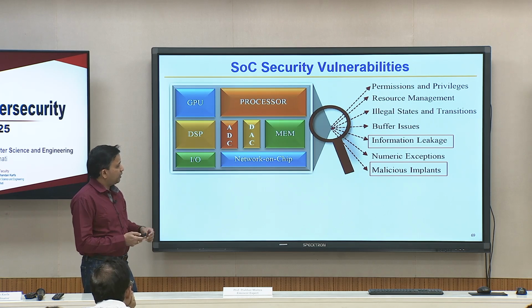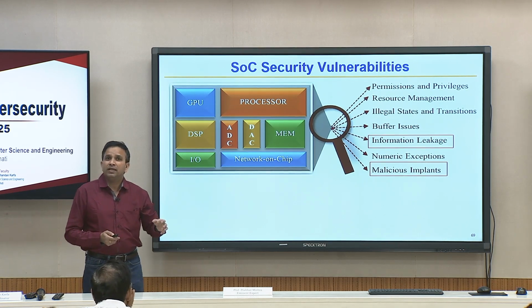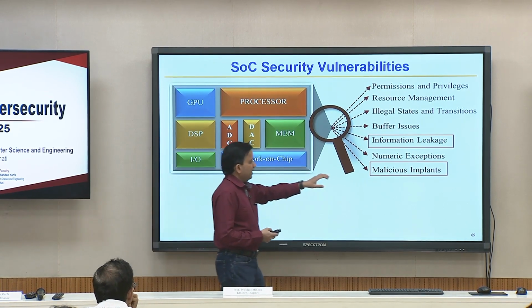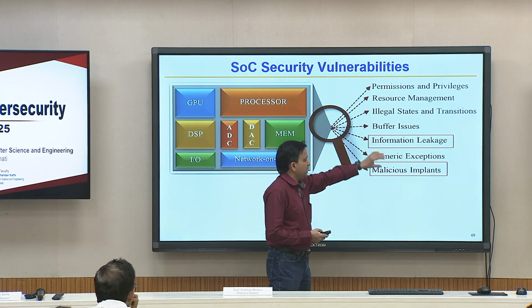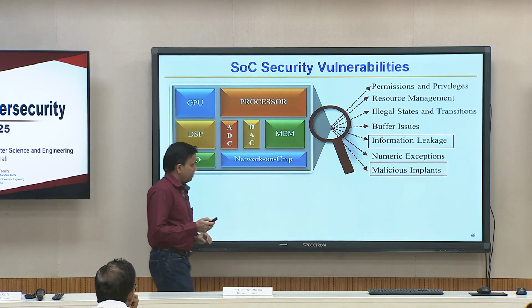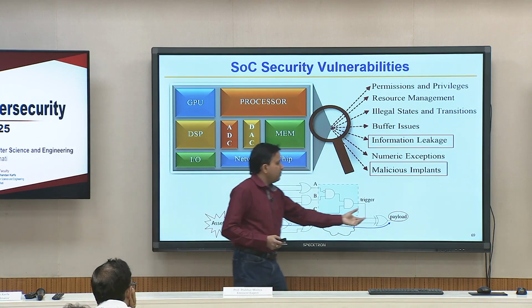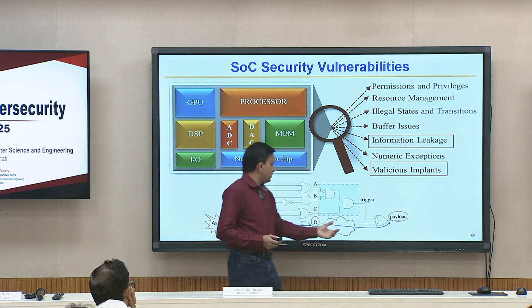And if you recall, some of the vulnerabilities may not be unique; it may be a combination of vulnerabilities. For example, an attacker might try information leakage using malicious implants. If you think of this circuitry, there is a hardware Trojan and this is the trigger corresponding to it, and the job of the trigger is to make sure some assets, this could be the key, birth date or anything that you do not want to propagate to a primary output or an observable point, do not operate.